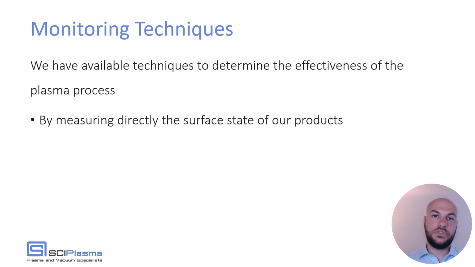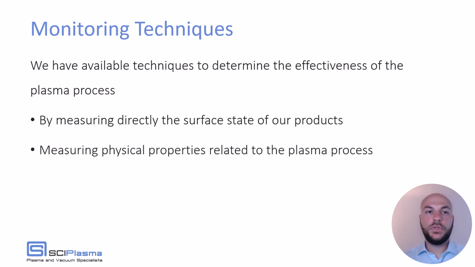They are used typically in the R&D and process development phase, where we have more time and we want to try to understand exactly what's going on at the surface. But in a production environment, they are not very useful because they are expensive. They are long. It's long to obtain results from them. And so contact angle measurement and surface tension inks are the most common and most production friendly.